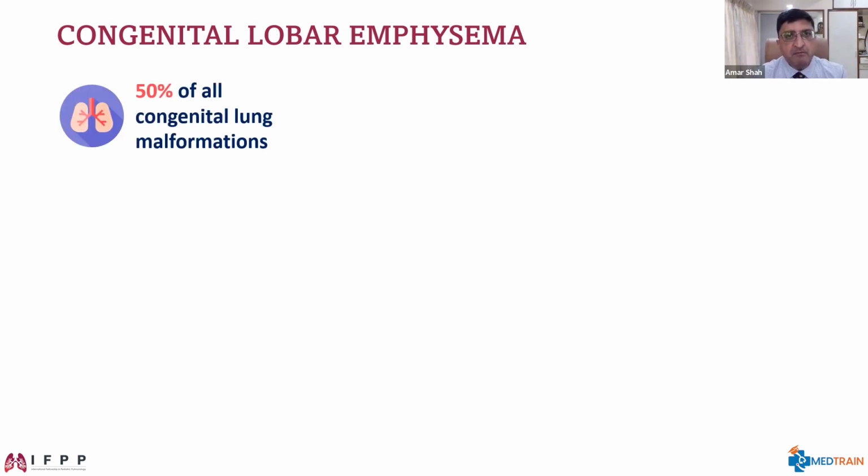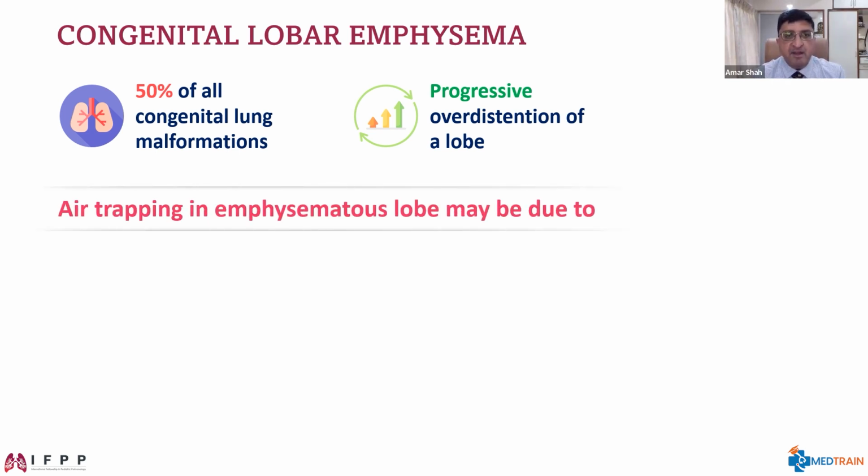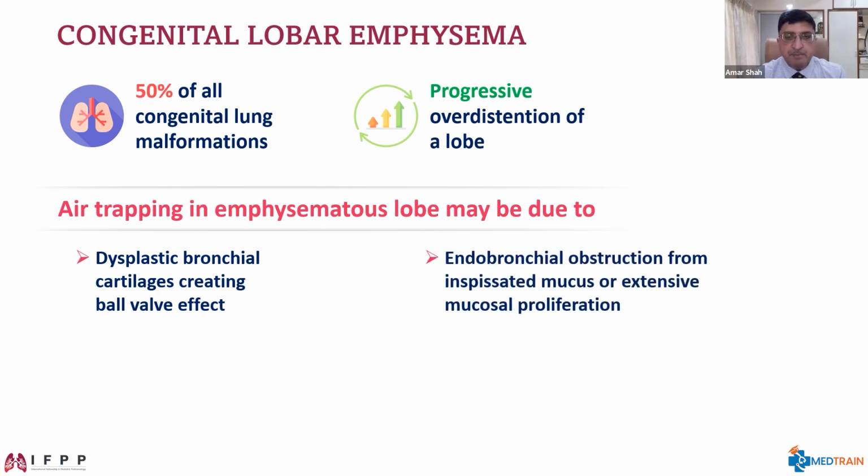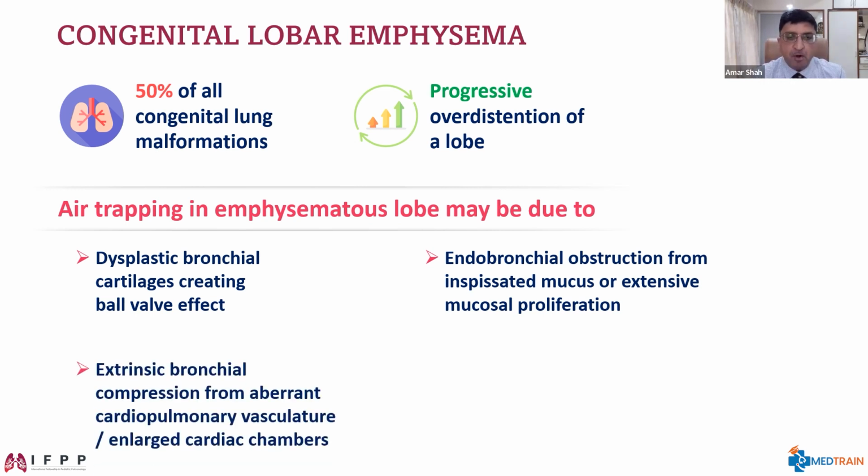Coming to the next anomaly, congenital lobar emphysema or CLE. This is very commonly seen and forms almost 50% of all congenital lung malformations. Here, there is a progressive over-distension of a lobe of the lung. The air trapping in the emphysematous lobe may be because of a dysplastic bronchial cartilage which creates a ball valve effect, an endobronchial obstruction from inspissated mucus or extensive mucosal proliferation, or extrinsic bronchial compression from an aberrant cardiopulmonary vasculature or enlarged cardiac chambers.